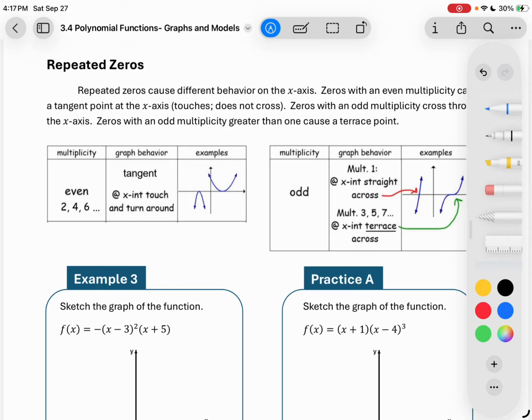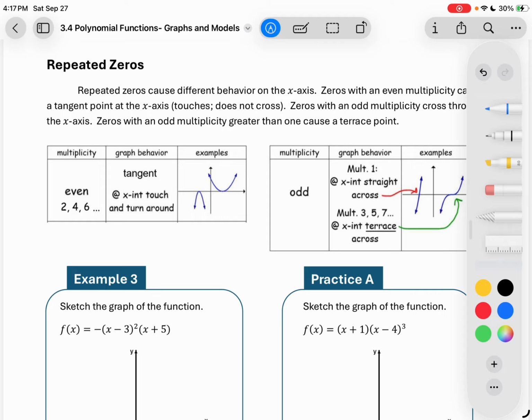So if the multiplicity is 2, 4, 6, 8, so on and so forth, then that does something kind of different where it crosses the x-axis. It doesn't just cross straight through it. It actually causes what we call a tangent point. So if you look at the examples here, it just kind of hits the x-axis and then it turns back around in the direction that it was coming from. So that's with even multiplicity on zeros.